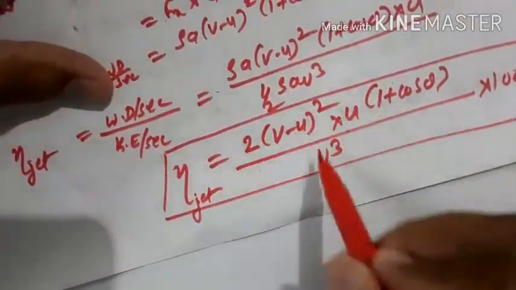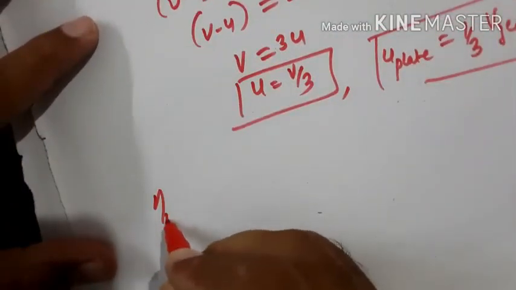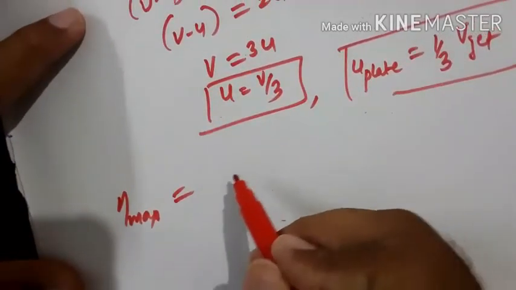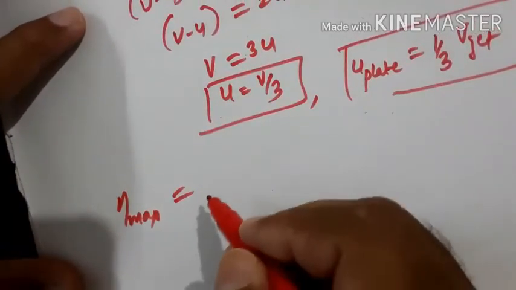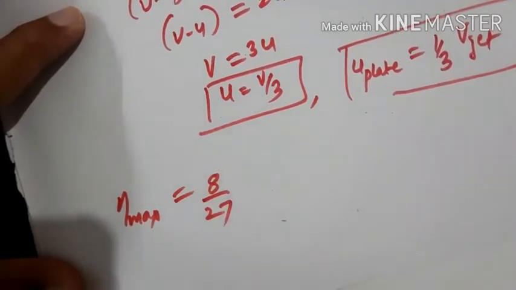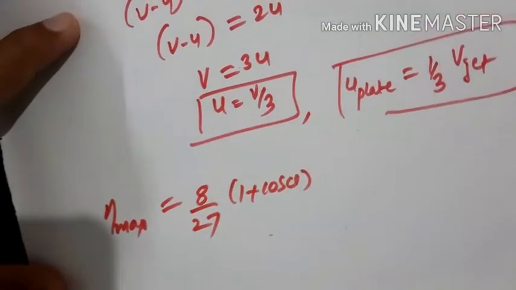Okay, we have to substitute that v by 3 in this equation. So what we get, if we substitute, then the maximum efficiency will be 8 by 27 into 1 plus cos theta.